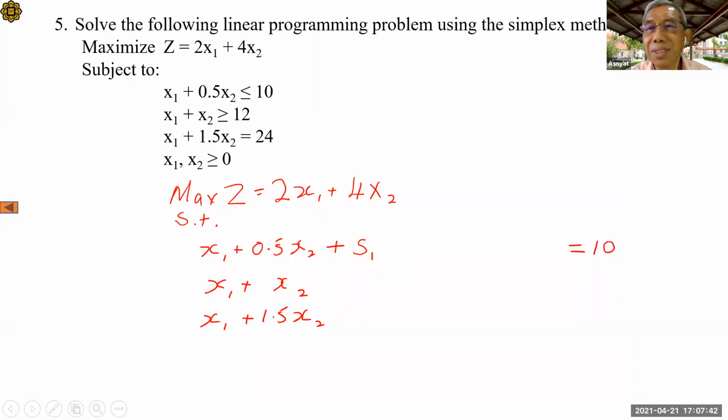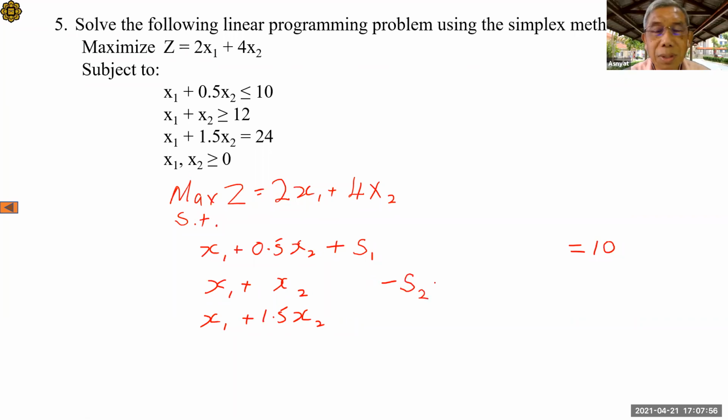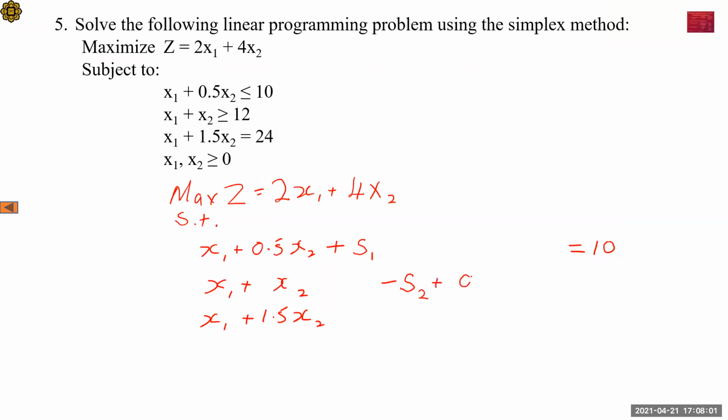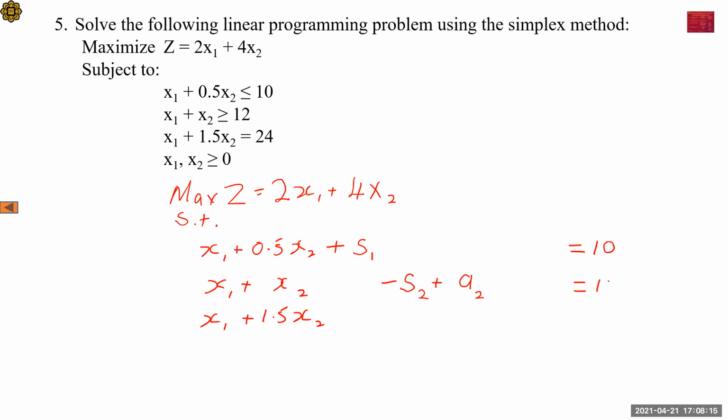So the second one, minus surplus first, right? Yes. Surplus variable, so let's say S2. Then add artificial variable. So this is equation 2. I put A2. Then equals to 12.